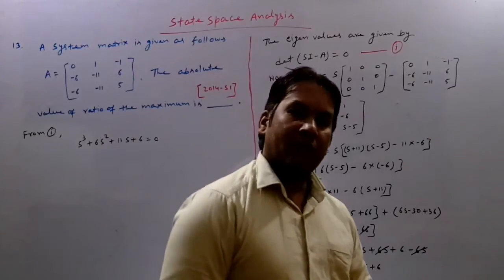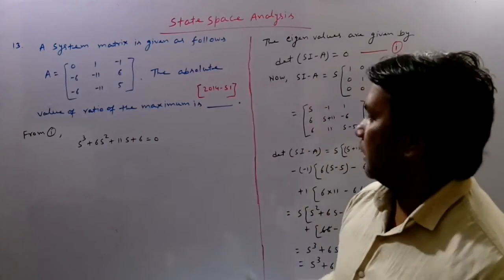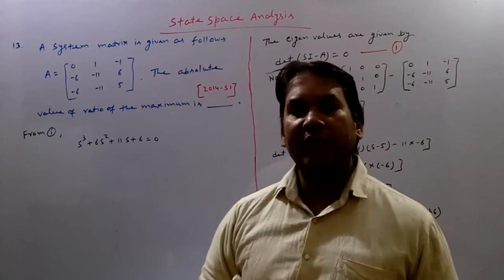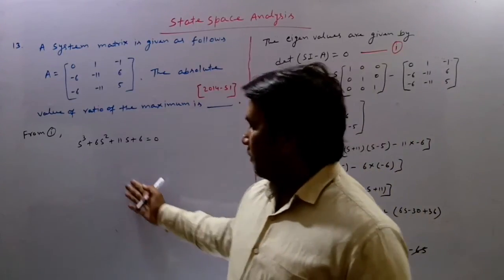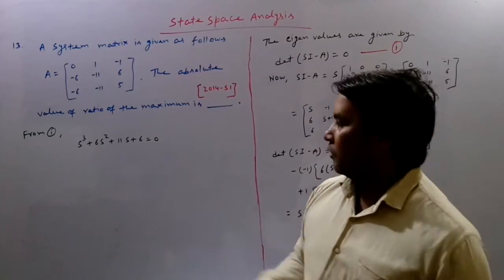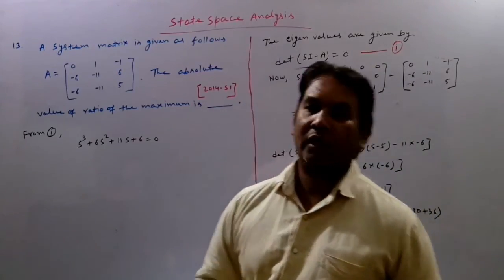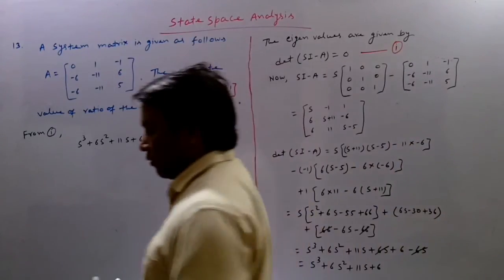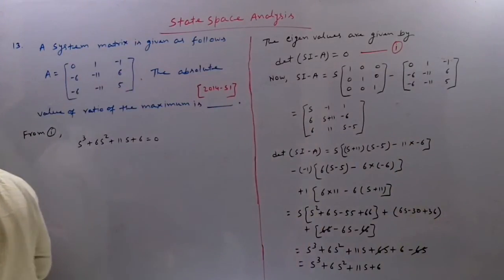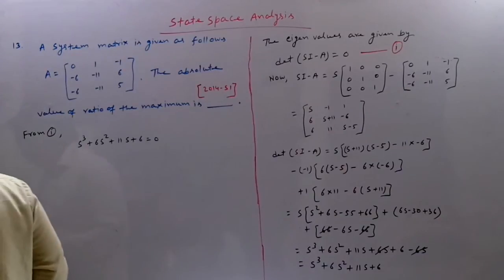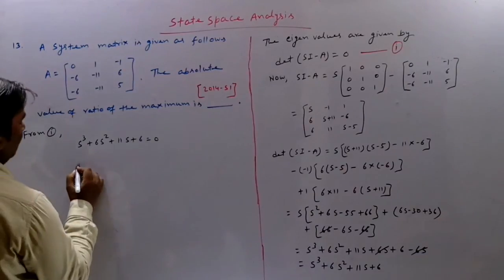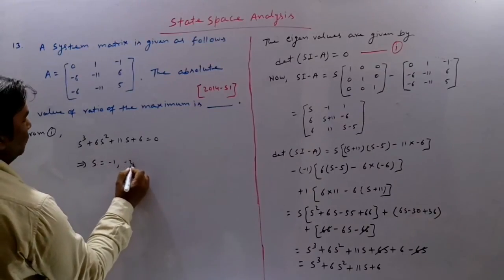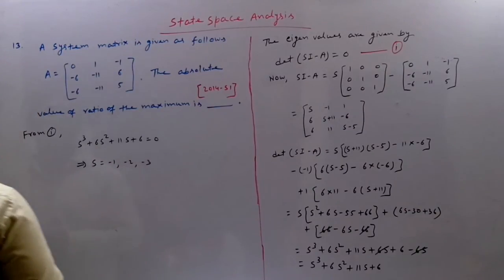Since calculator is allowed in GATE exam, you can directly calculate the roots of any equation by the use of calculator. If you calculate by the calculator, then the value of s will come minus 1, minus 2, minus 3. So s will be equal to minus 1, minus 2, minus 3.